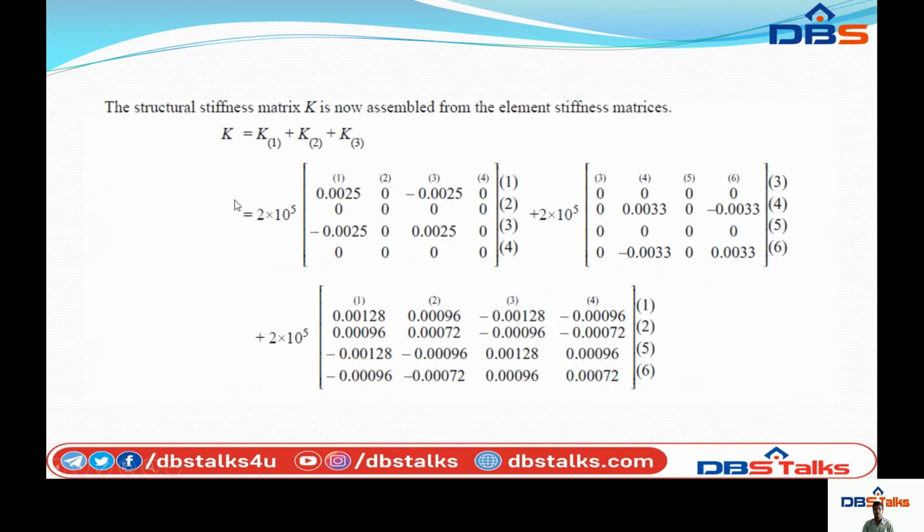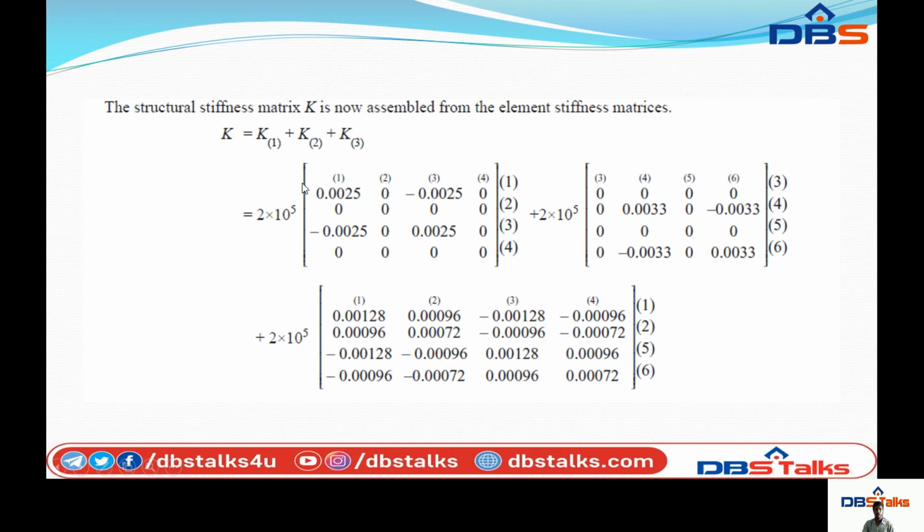After calculating the element stiffness matrices, the fourth step is the summing of the element stiffness matrices. It is also called the global stiffness matrix making process, the formation of the global stiffness matrix. We already know that K equals K1 plus K2 plus K3.